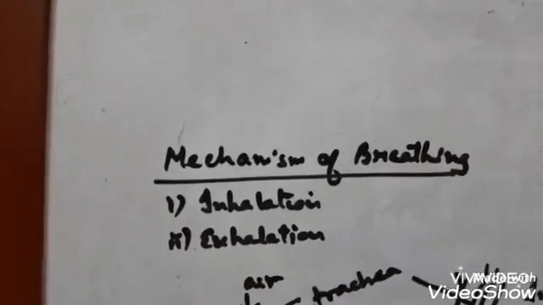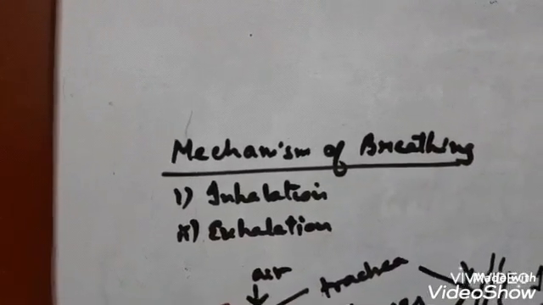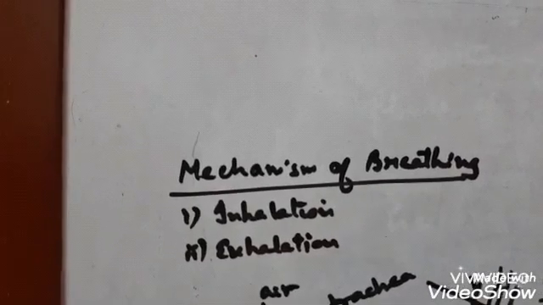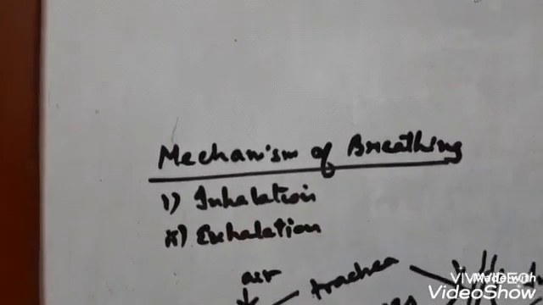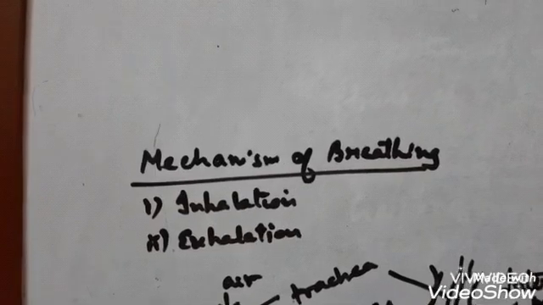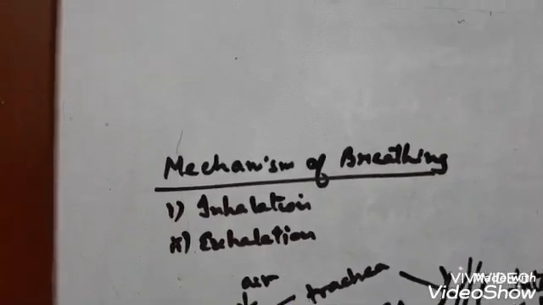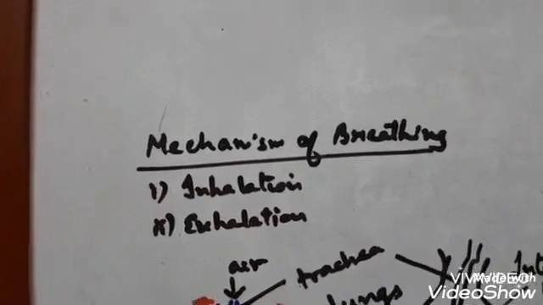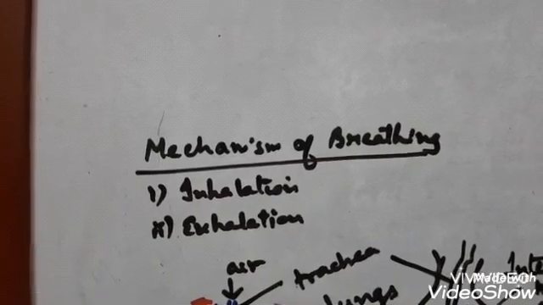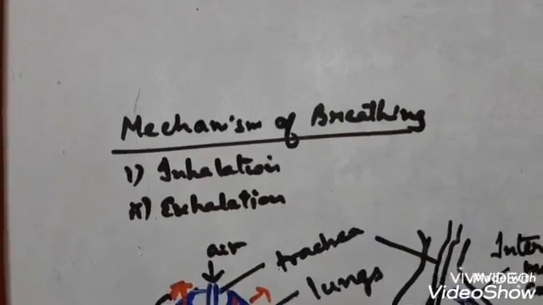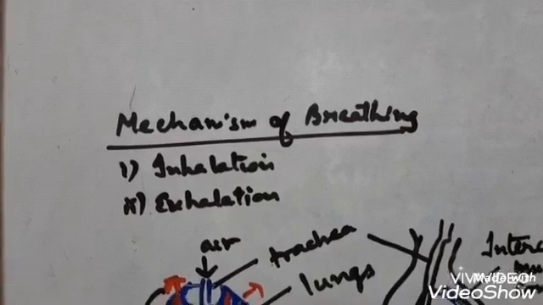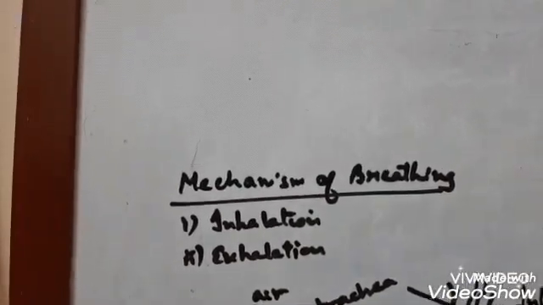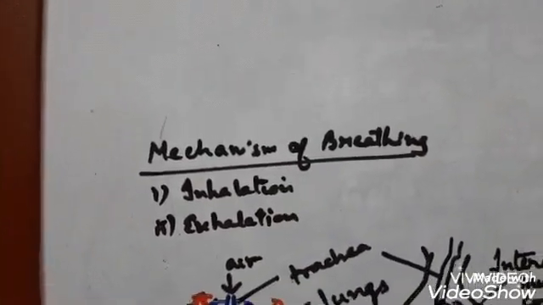Inhalation means the inspiration process, taking in oxygen-rich air inside the lungs through our trachea from the external environment. Exhalation means giving out foul air, that is carbon dioxide-rich air, from the lungs to the environment through our trachea. So this is about the two steps of the mechanism of breathing.